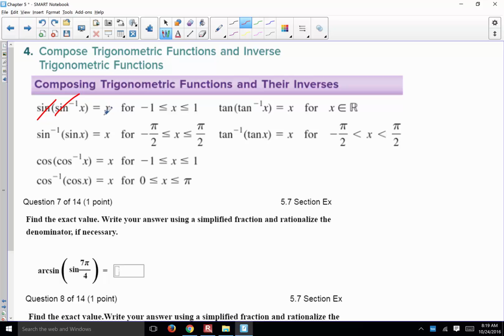If there is a big if. There is a big if. This is not always true. If the number inserted here is within the recommended range, such as for sine inverse x, that number must be between -1 and 1.